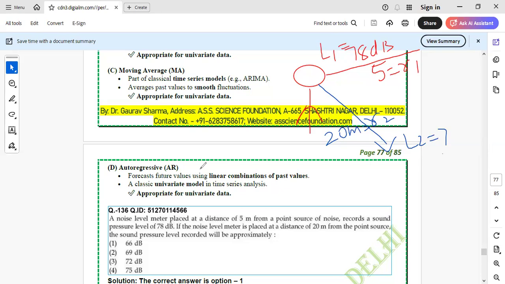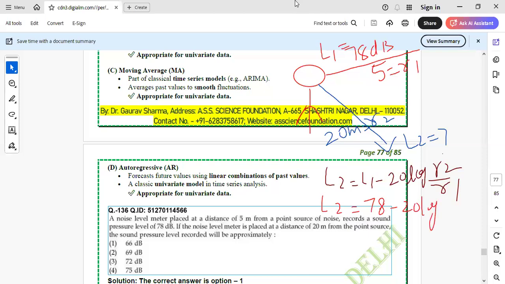Here there is a simple formula which we have derived from the inverse square law in noise. All those 5 lectures have this problem. Simply write L2 is equal to L1 minus 20 log of R2 by R1. The moment you put the values, L2 is equal to 78 dB minus 20 log of R2 by R1, where R2 is 20 and R1 is 5, which comes out to be 4.